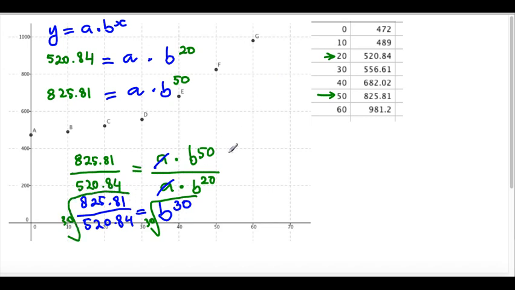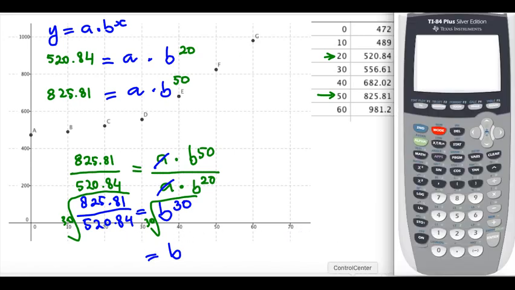If I then do so, on the right hand side we will have just b, and on the left hand side we will have to calculate using our calculator. So let's try and do that in our calculator, 30th root. How do we do that? We will use the math help here, and this is the one that we need, x root of something, number 5. But we cannot just choose that at the moment.